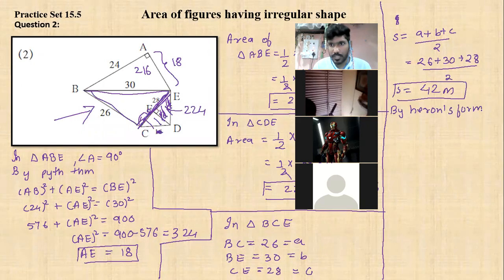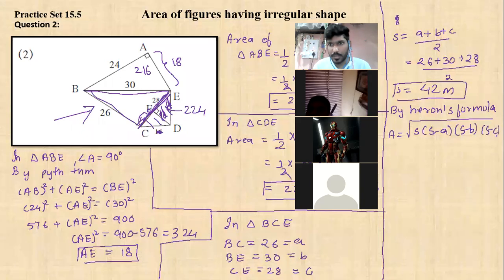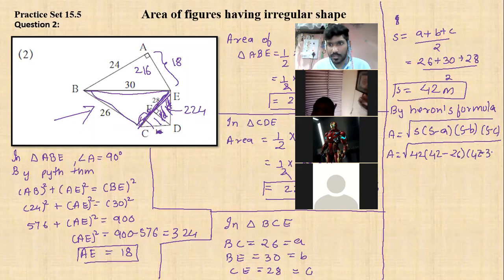By Heron's formula, area is equal to under root of S into S minus A, S minus B, S minus C. So S is 42, substitute: 42 minus A is 26, 42 minus B is 30, and last, 42 minus C is 28.